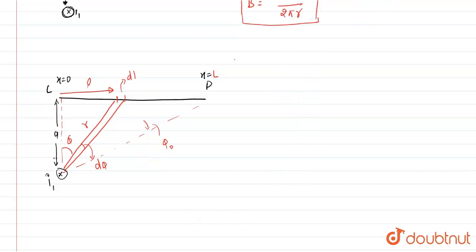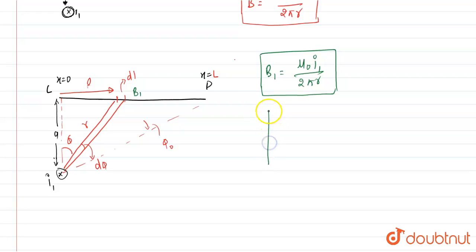First of all we will find the magnetic field at that element, that is B1, due to that wire. So B1 is equal to mu naught I1 upon 2 pi r, the magnetic field at that point, where r is the distance. From the triangle we can find the relation of r and phi. That angle is phi, that distance is r, and that distance is a.